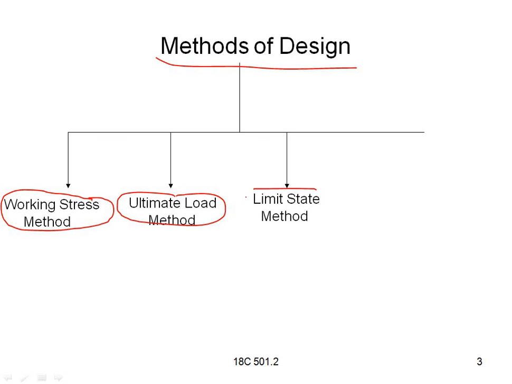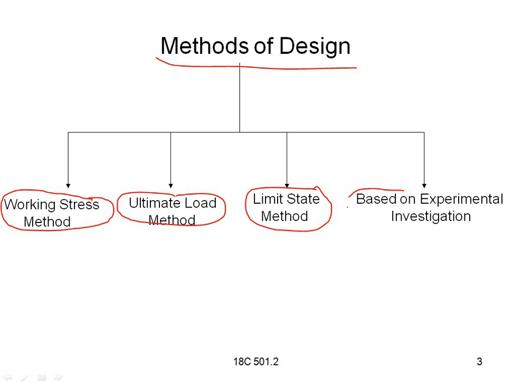The third one is the limit state method. At present we are designing structures as per the limit state method, because it is very safe and its safety guidelines are very good. And next is based on experimental investigation.